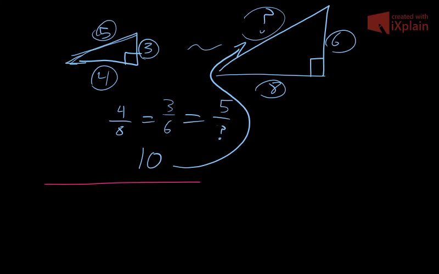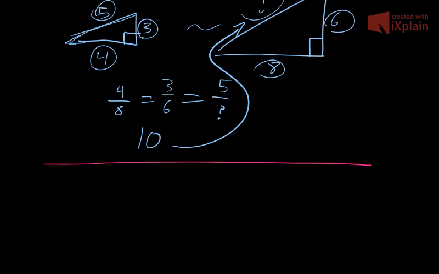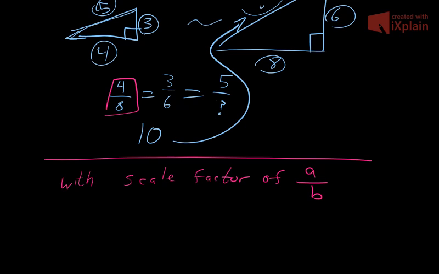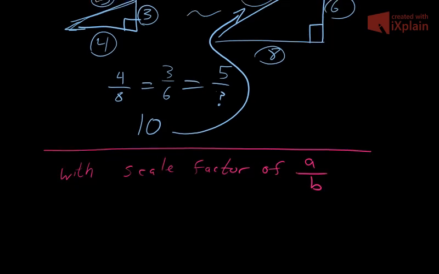Something else I wanted to tell y'all is, let's say there's a scale factor of a over b. Up here we had 4 over 8 as our scale factor, but we're just generalizing it. We have some scale factor, let's call it a over b.